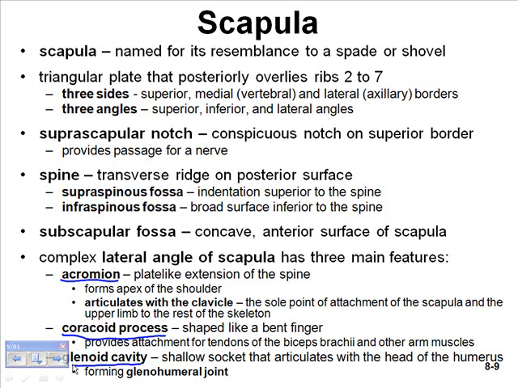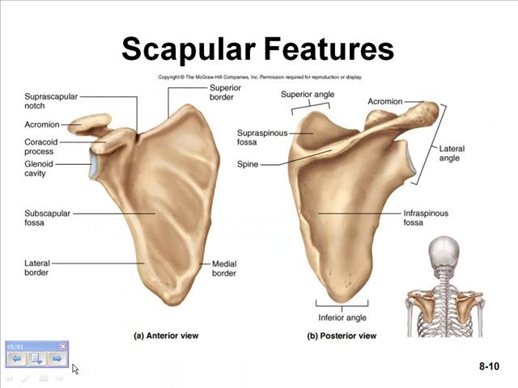So the coracoid process, looking like a bent finger, and it's directly associated with the glenoid cavity, beneath it, inferior to it, and then also the acromion process. So we've already said that the glenohumeral joint is where the head of the humerus fits in to the cavity. So it's much easier to look at this in lab and notice all of those parts. So we said like a bent finger would be the coracoid process. So that's here. You have the acromion process.